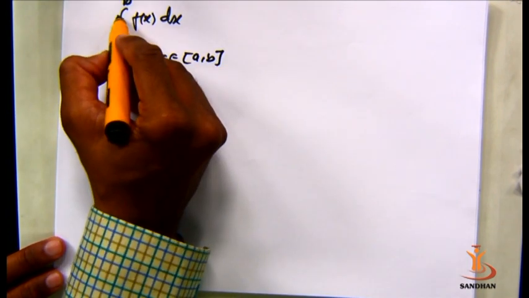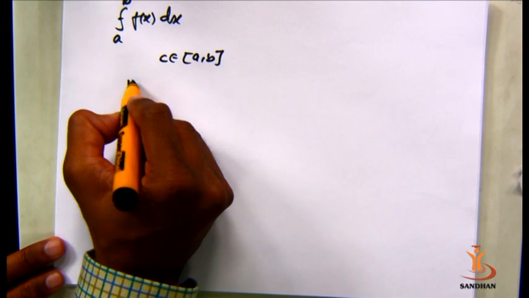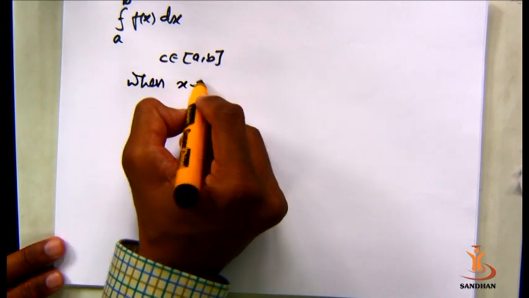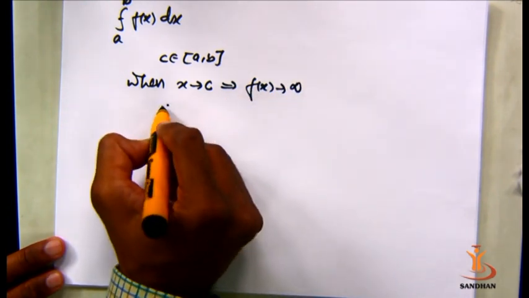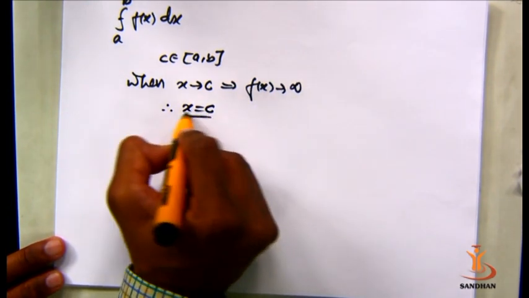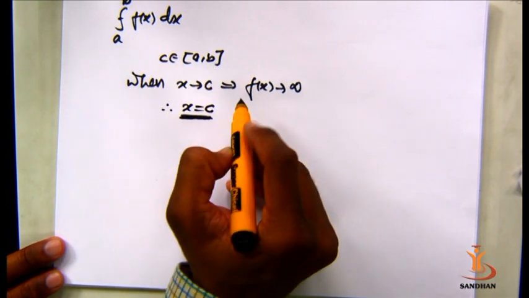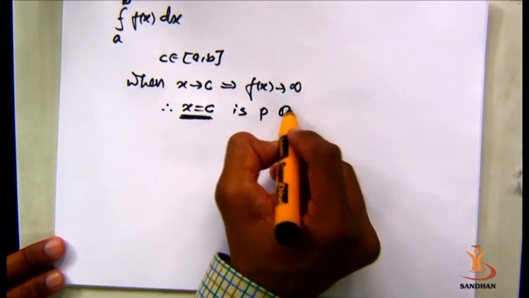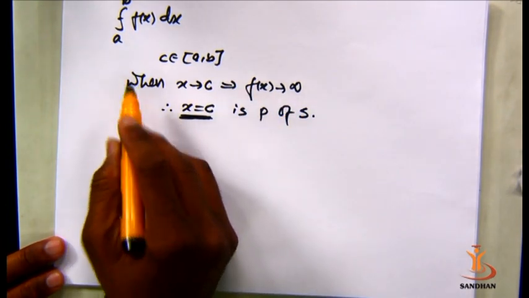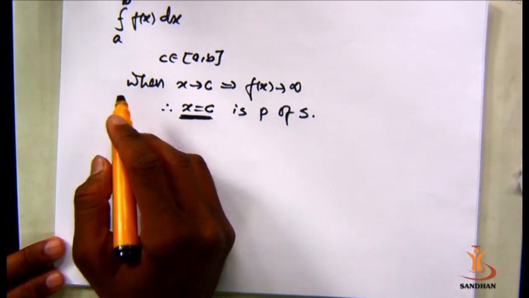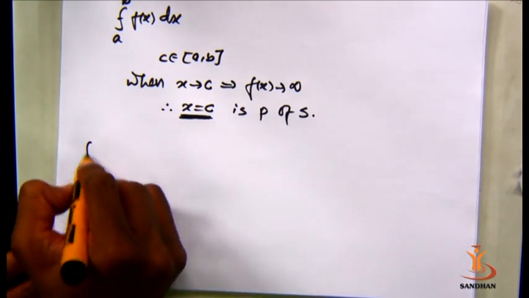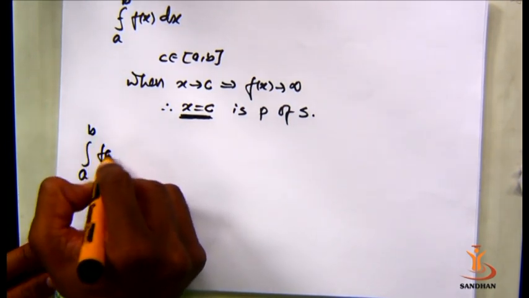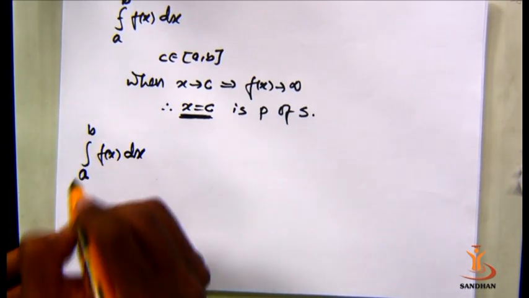That means c lies between a and b, and when x tends to c, f(x) tends to infinity. That means x equals c, where c lies between a and b, is a point of singularity. These three kinds of integrals are also said to be improper integrals. In the first, the integral from a to b of f(x) dx, at a the function is not defined.